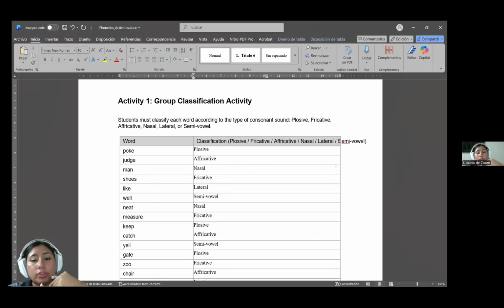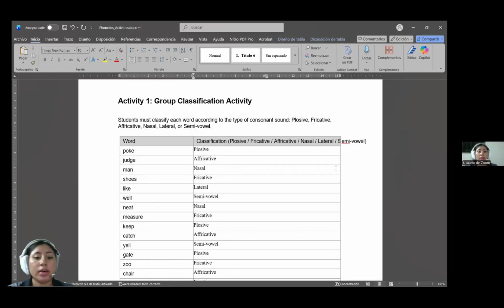We can improve our pronunciation by listening carefully, practicing frequently, and paying attention to how your mouth moves when producing sounds. Pronunciation is not about being perfect, it's about being understood.